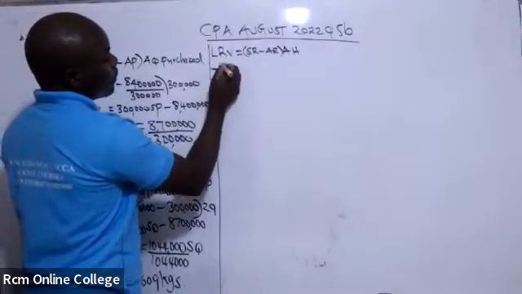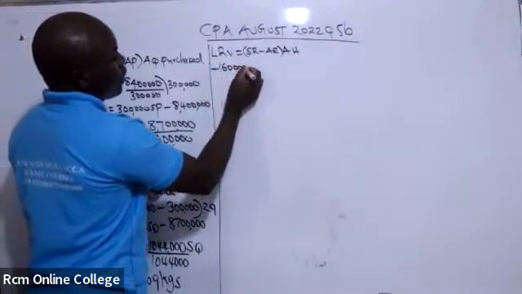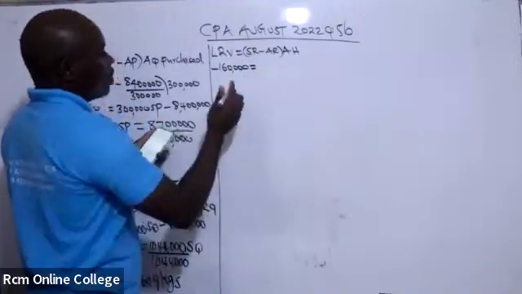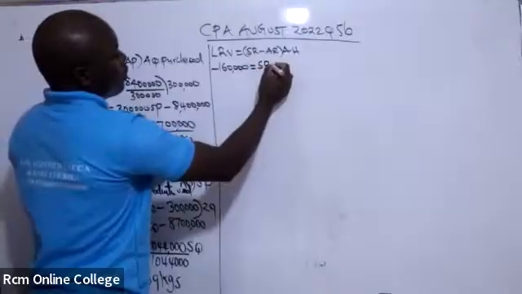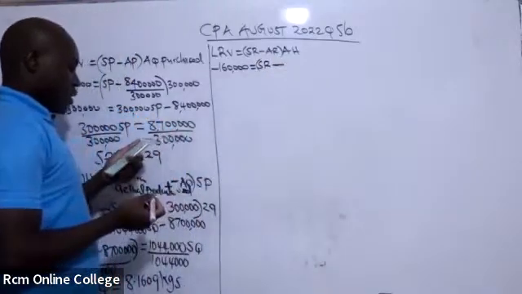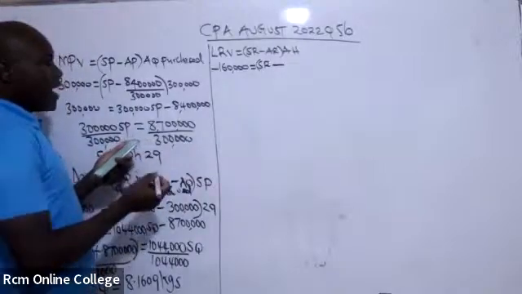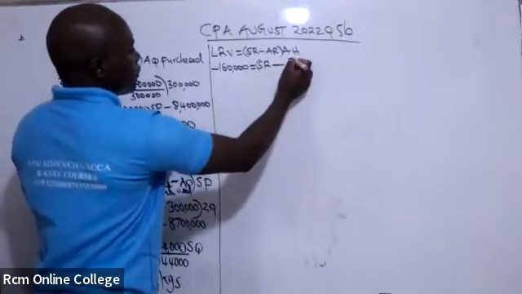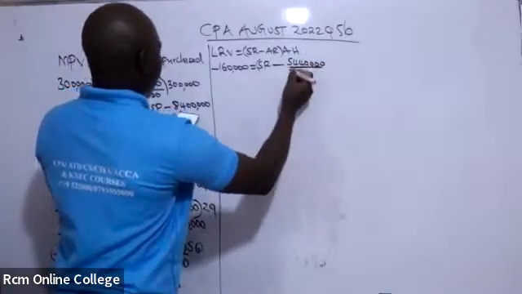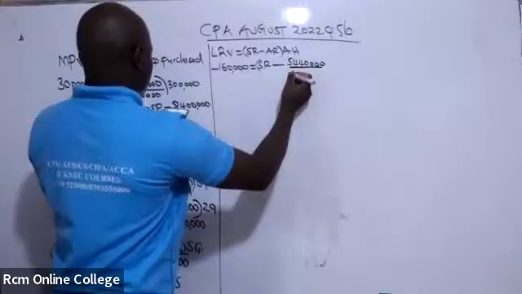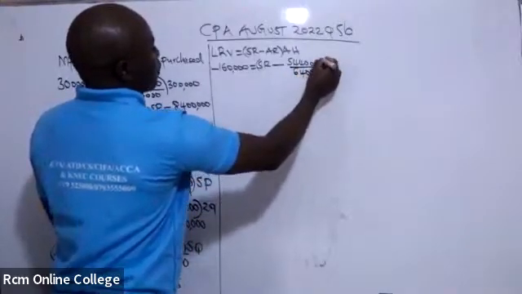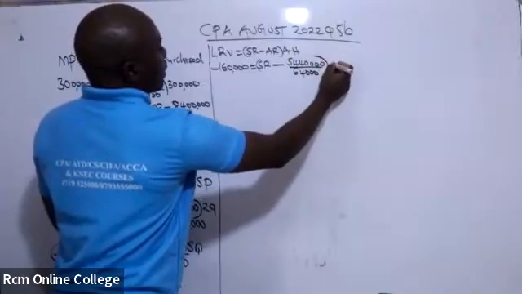A negative of 160,000 is equal to the standard labor rate, which we are not given, minus the actual rate. Do we have the actual rate? Definitely not, but we have actual cost of 54.40 and actual labor hours of 64,000. So we multiply by actual hours, 64,000.